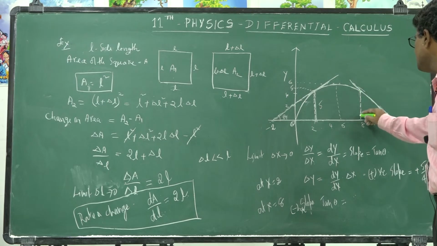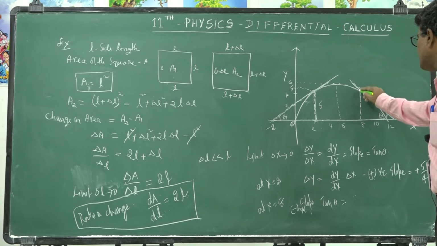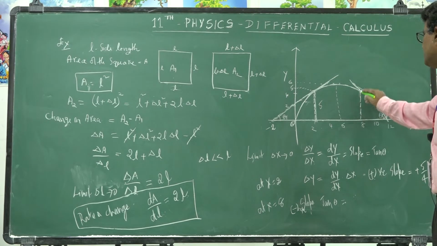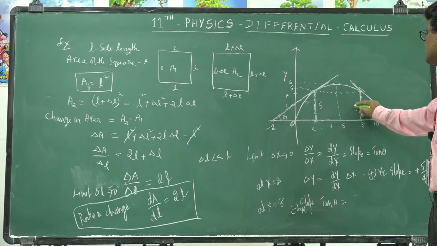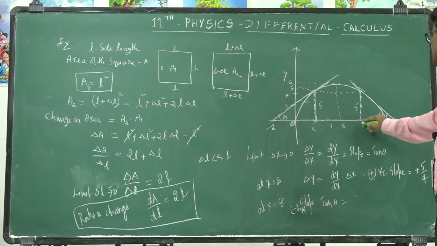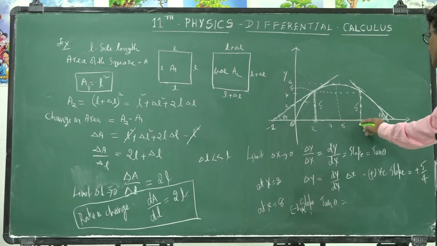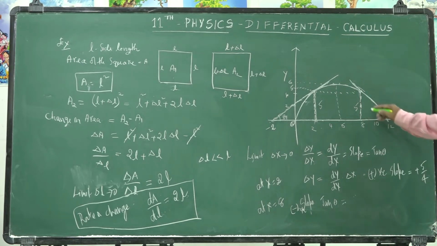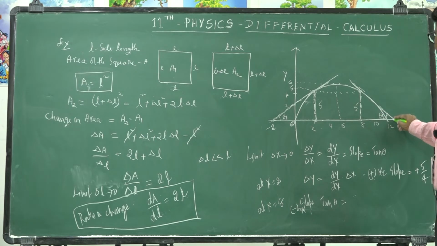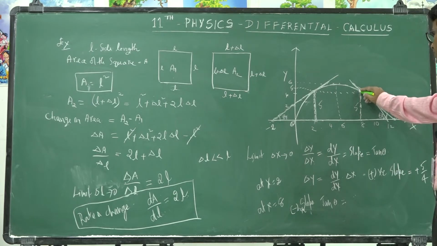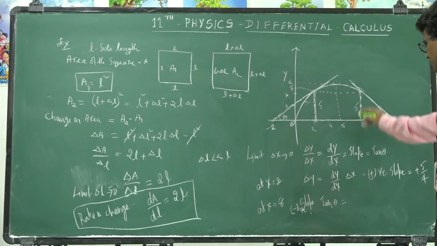Here the x value is 8, the corresponding y value is 5, and the other point has x value 12 and y value 0. So x2 minus x1 is 12 minus 8, which is 4. y2 minus y1: y2 is 0 and y1 is 5, so 0 minus 5 is minus 5.